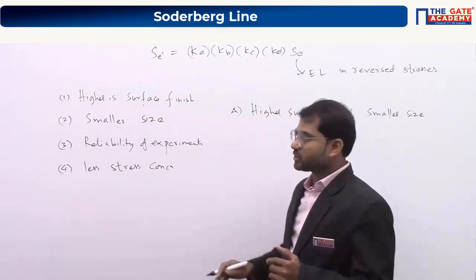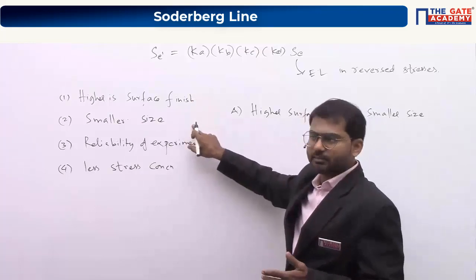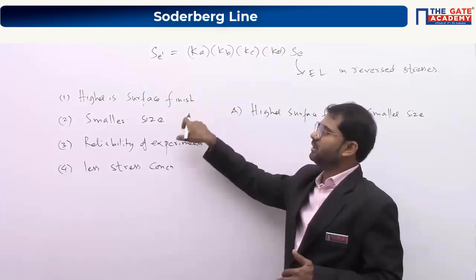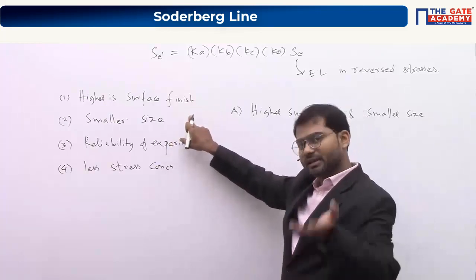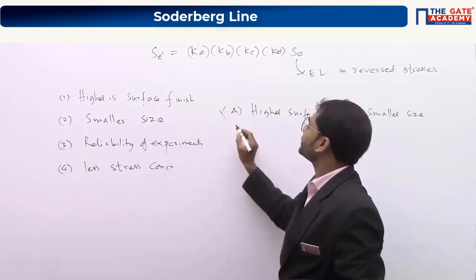We expect the opposite of these two effects, but option A is the same as the contributing factors here. So this will not decrease the endurance limit but increase it. So this is not correct.